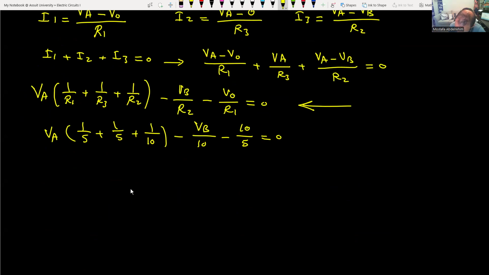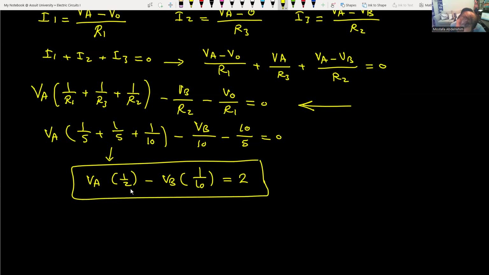So 1 over 5 plus 1 over 5 is 2 over 5. You can multiply the numerator and denominator by 2, and it's going to be 4 over 10. So 4 over 10 plus 1 over 10 is 5 over 10, which is half. So that reduces to VA times half, minus VB times 1 over 10, equal to 10 over 5, which is 2, with the minus going to the next side. So that's the first equation.